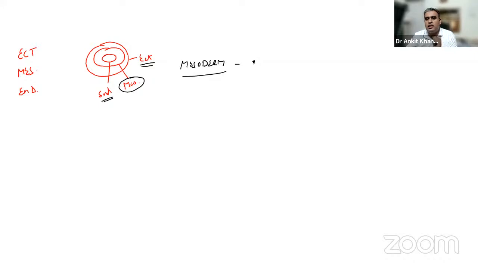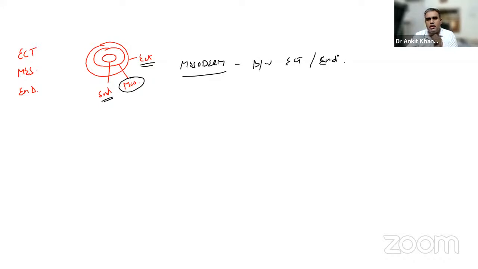So outside there is ectoderm, then there is mesoderm, and then there is endoderm. So we label it as ecto, this as endo, and between it has meso. Now listen to my question very carefully. If you are going from ecto to endoderm, what will you always encounter? Always mesoderm lies in between. So mesoderm, you'll always see that it lies in between ectoderm and endoderm.